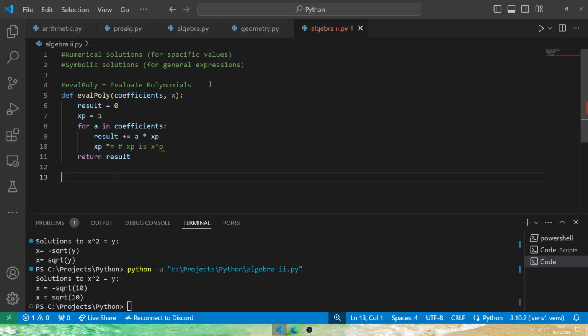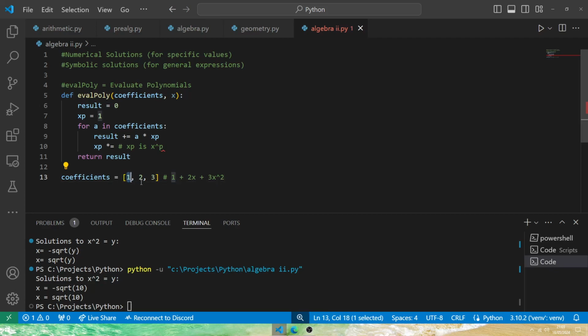And here we can run this by passing in the coefficient values that we want. So I can create an array of 1, 2, 3, and these are the coefficients of the polynomial. So it would be 1 plus 2x plus 3x to the power of 2.